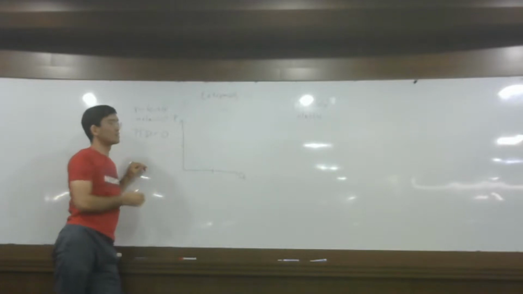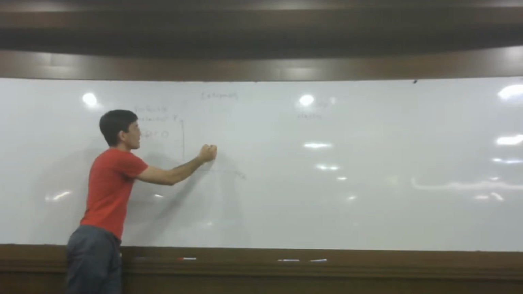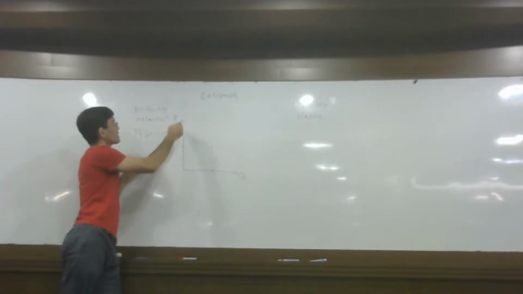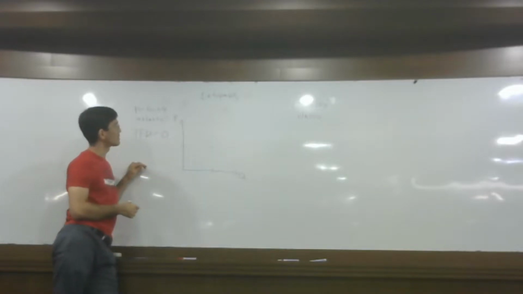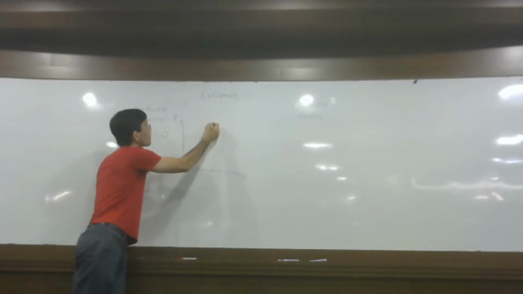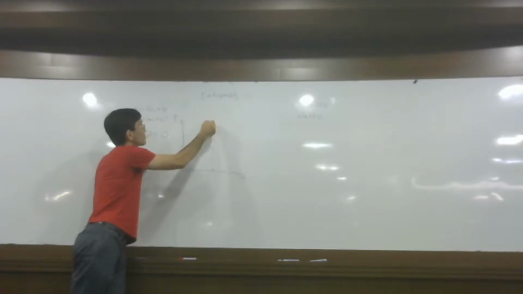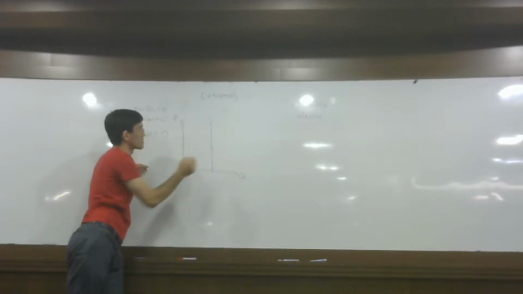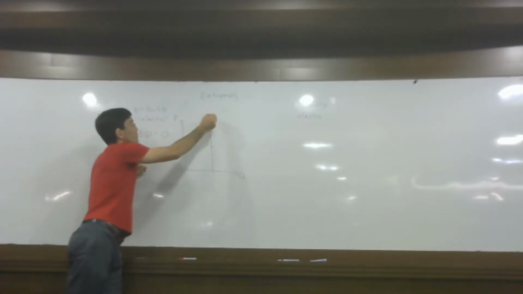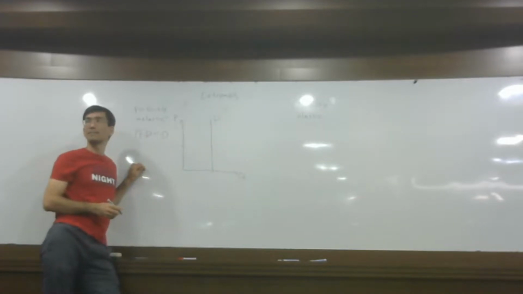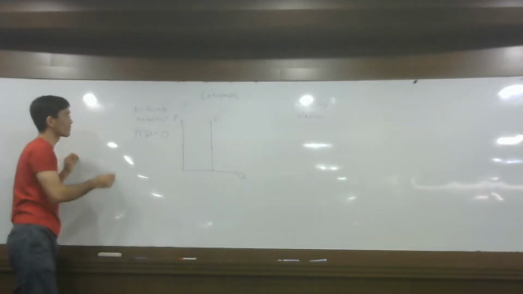At this price, the quantity demanded is the same. And even at this price, the quantity demanded is still the same. So if you connect all of these points, that will give you a vertical demand line, or vertical demand curve.